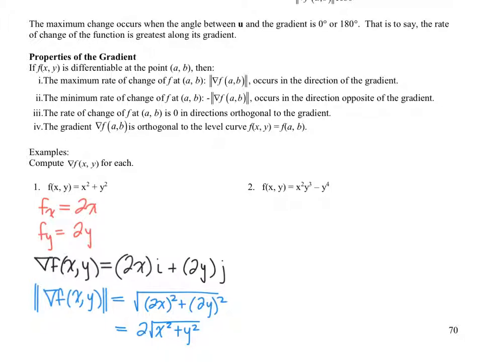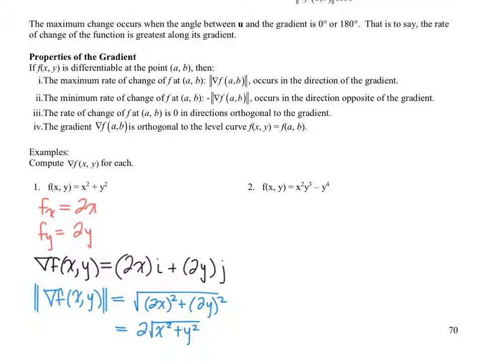So whatever the direction is, the directional derivative at this point, its maximum rate of change will occur with this value in whatever that direction is. All of these properties come into play, so it's a nice little feature related to the gradient.